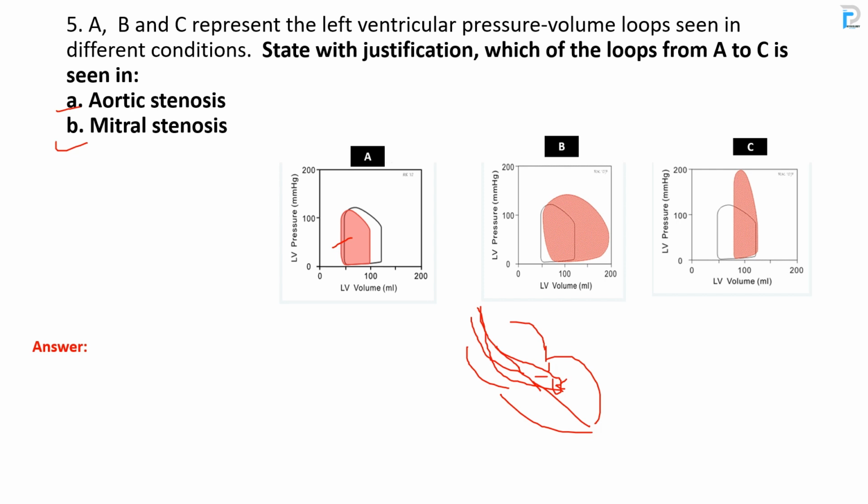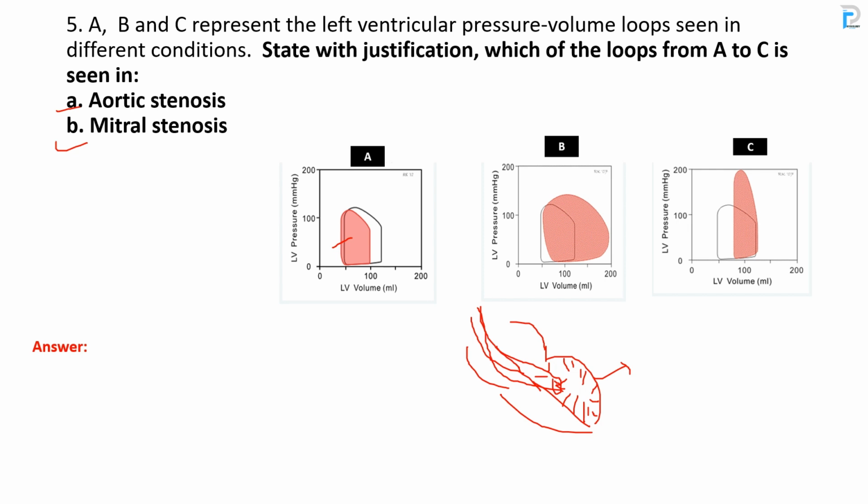In that case, the ventricular pressure has to increase higher than normal to open this valve, because the ventricle has to work harder than normal, as the aortic valve is not opening smoothly. So the significant feature that will be seen in aortic stenosis is the increase in left ventricular pressure.